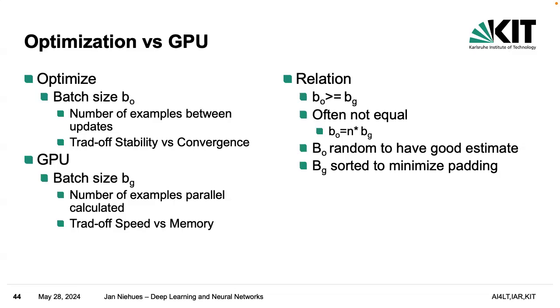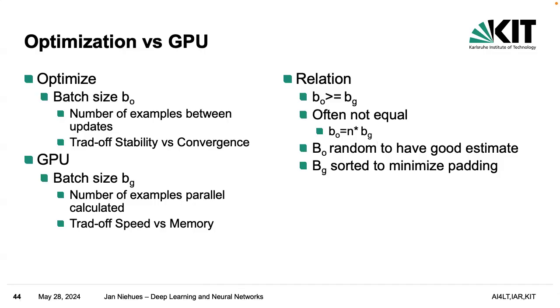So you always calculate all of them together, then you wait, then you can either update or you can do more. So what you have to have is something like that: the batch size for optimization is some integer number times the batch size of the GPU. And yeah, that is how you can do that.